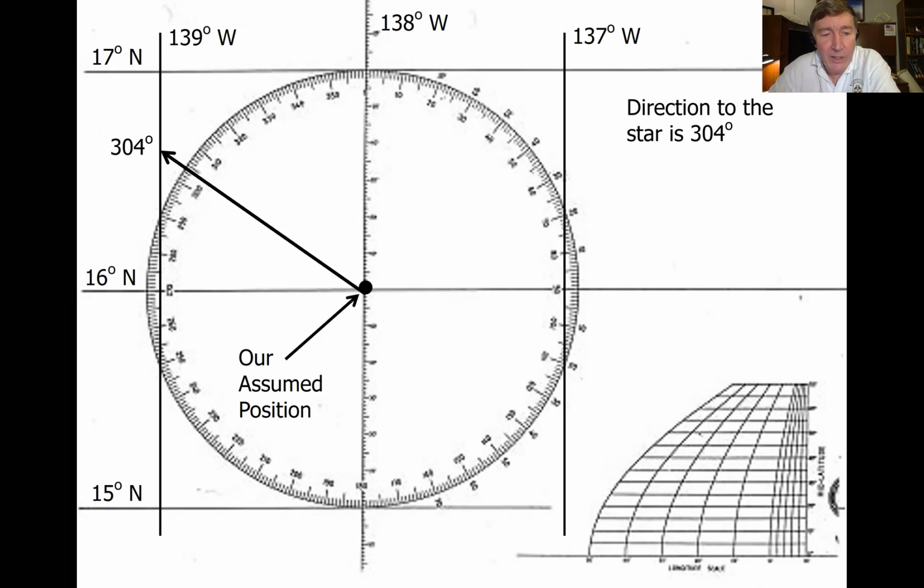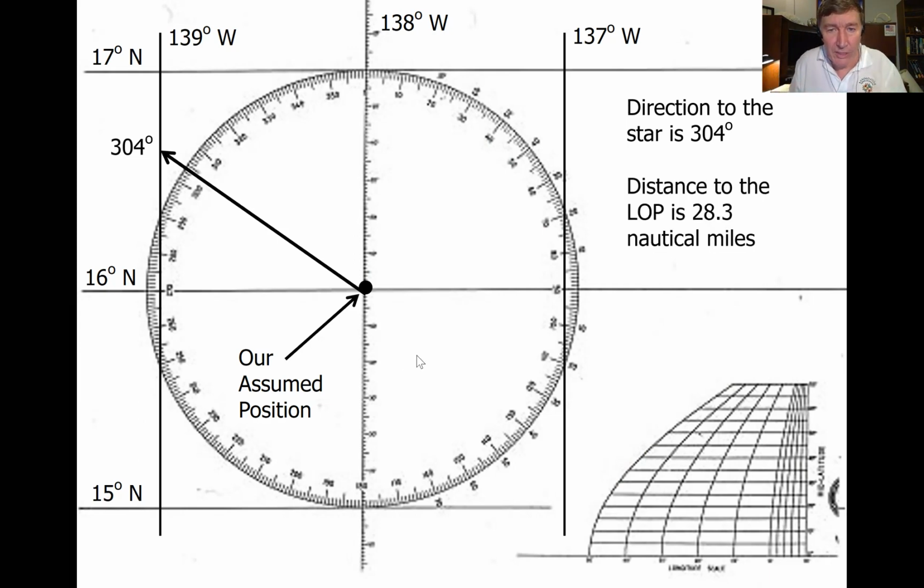Now the next thing we do is look at the difference between our fictitious distance to the GP compared to our real true distance to the GP. Remember that our fictitious distance was greater than the real true distance, and the difference between them was 28.3 nautical miles.